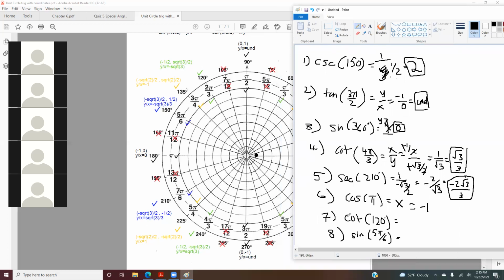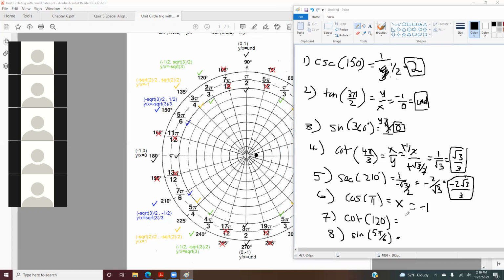Ni, can you do cotangent 120 degrees? Ni? Ni, are you there? She replied.